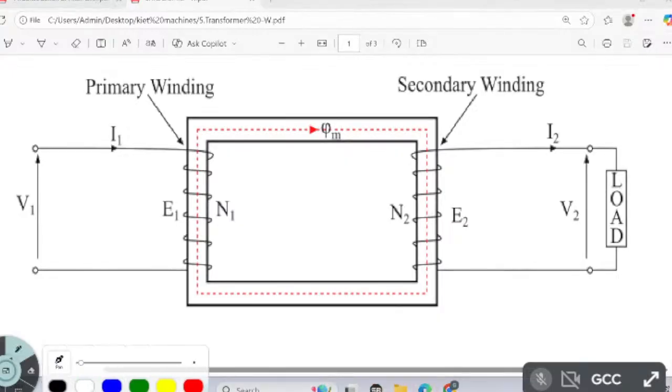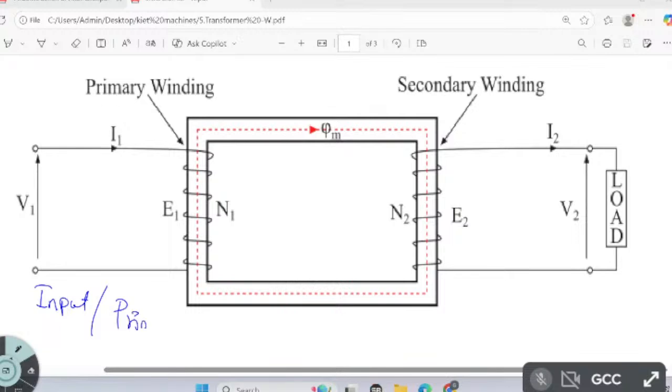This left side winding is called the input winding, or you can say primary winding. Why do we say it is primary, why not secondary? Because it is connected to the supply.